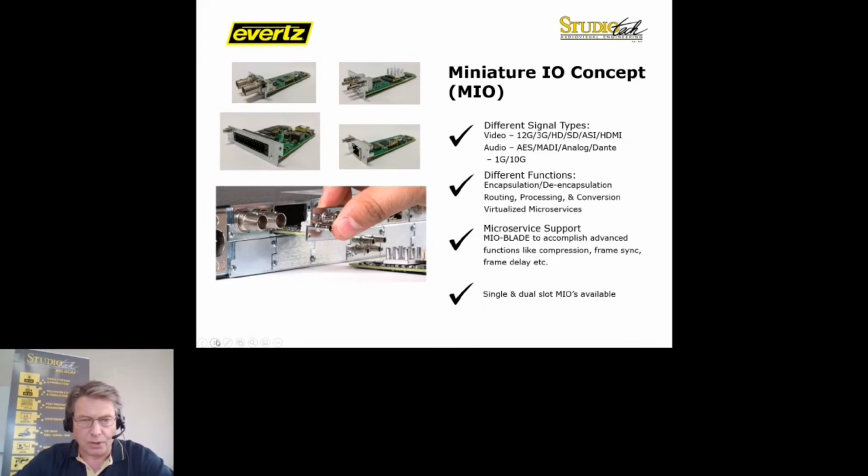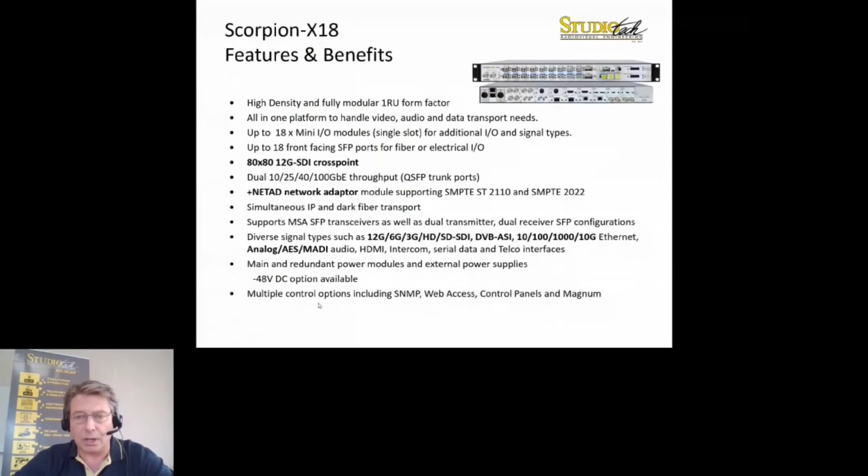You have to understand that it's completely 18 slots, but I think I will go to the next slide, which shows it better. It's high density and fully modular, which means you can actually plug in any MIO in the device on the back side.